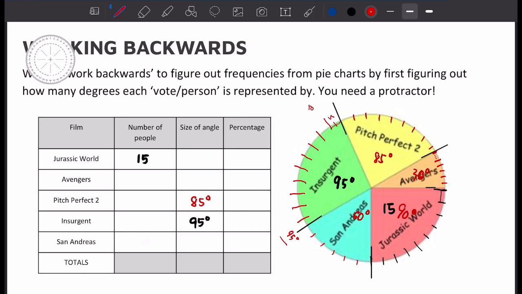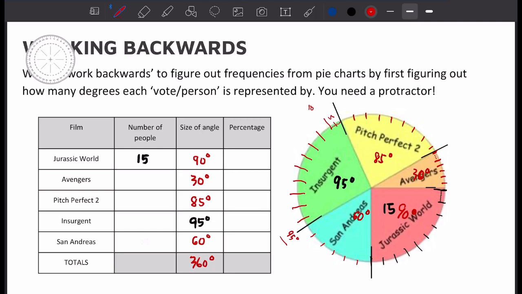The Avengers, 30 degrees. Jurassic World, 90 degrees. San Andreas, 60 degrees. And of course, Insurgent is 95. So if you add all of these, it will total 360 degrees. If you don't believe me, check your calculator now.